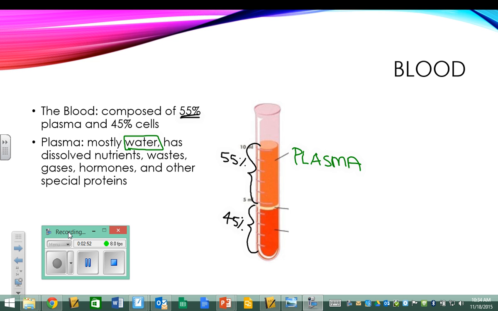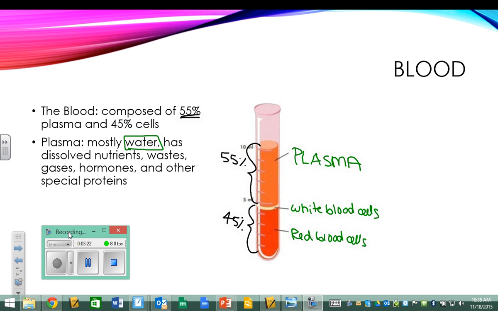The other 45%, so a little bit less than half of your blood, is made up of cells. But there are 2 kinds: white blood cells and red blood cells. Now notice how the layer of white blood cells separates red blood cells from the plasma of your blood. This isn't how your blood looks naturally.